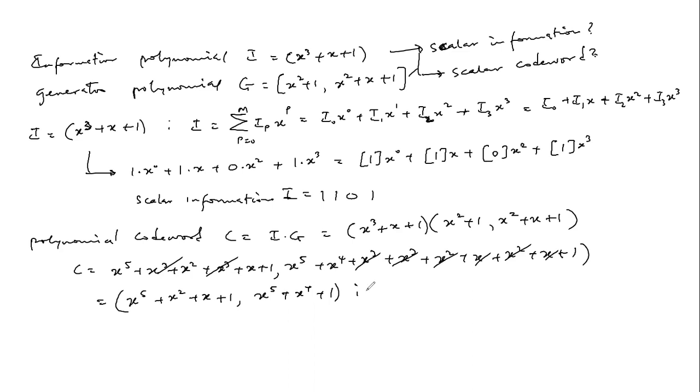Now, recall that the scalar is given as the sum over p equal to 0 to m of c_p x to the power of p, which is the same as c naught x naught plus c1 x1 plus c2 x2 all the way to the power 5 here, c5 x to the power 5.